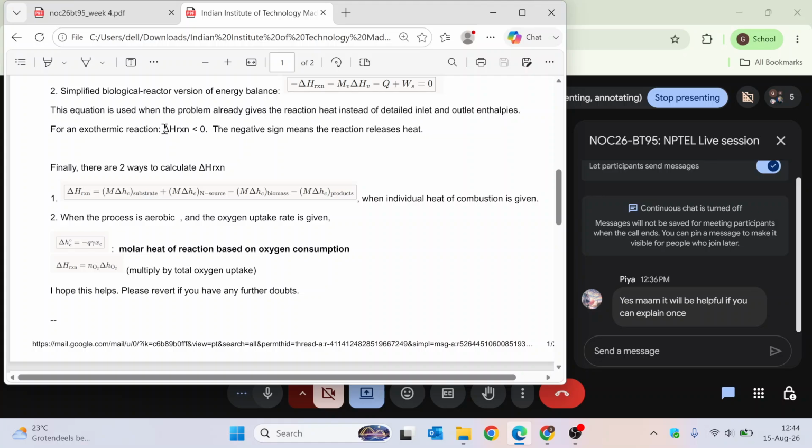It is based on the degree of reduction of the compound. So you use the specific heat, the degree of reduction, and the number of carbon atoms. Based on this you can find the molar heat of reaction for oxygen consumption. So for a given compound, this much heat of combustion per oxygen will be there.